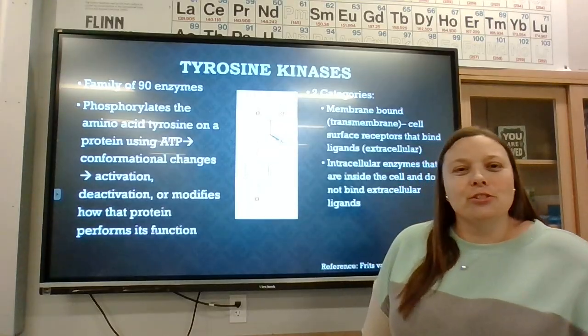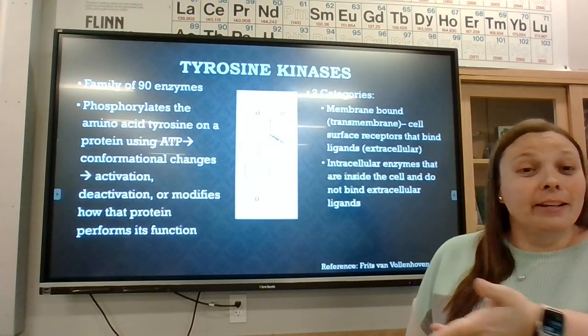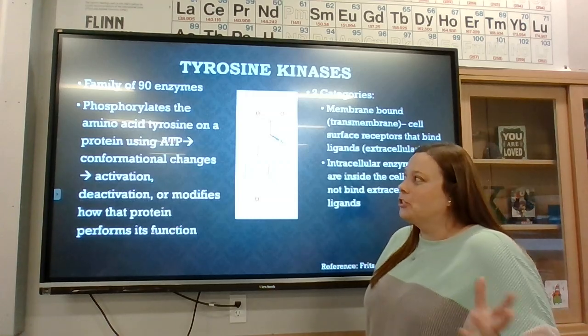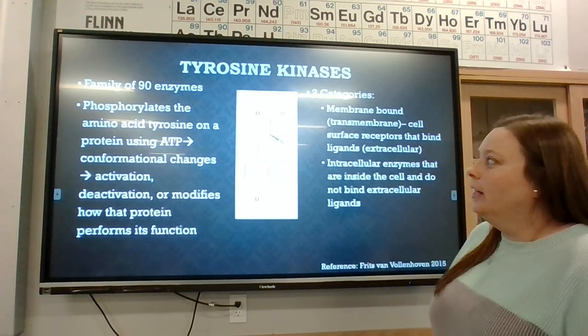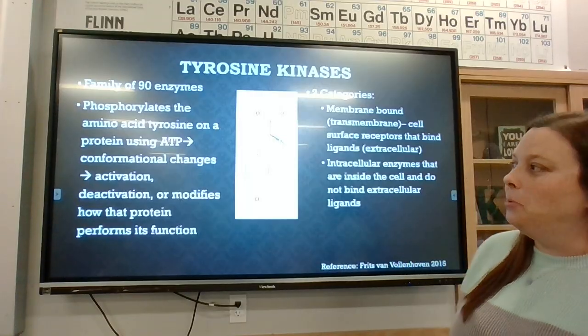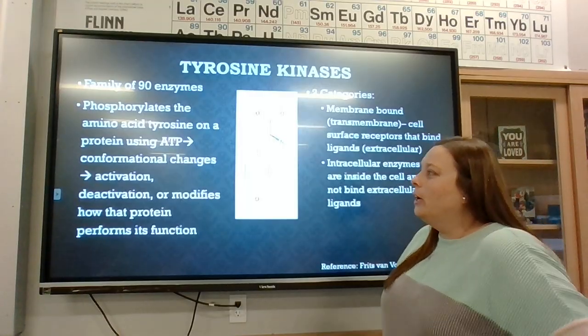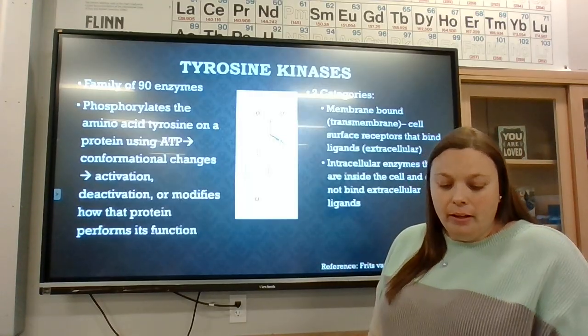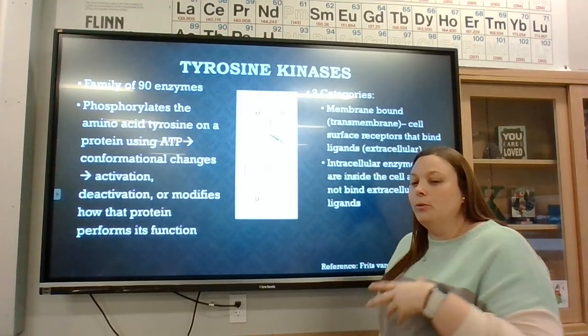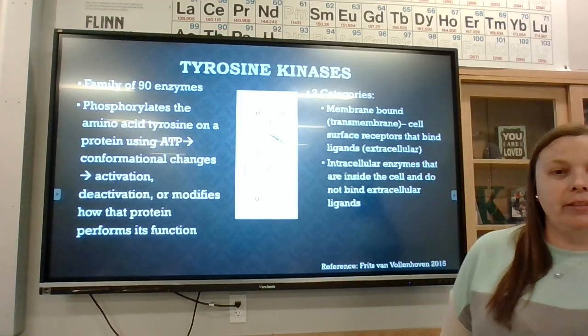Now that tyrosine is usually connected to a different enzyme, but the tyrosine kinase actually assists in the addition of phosphate to ATP. Now, once the ATP is phosphorylated, that can lead to some conformational changes in the enzyme.